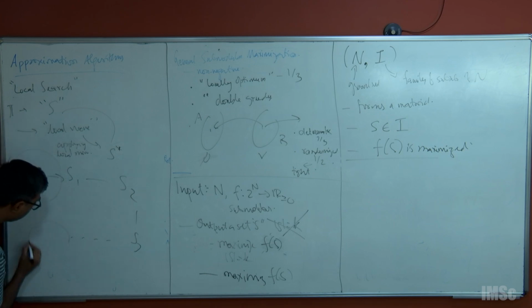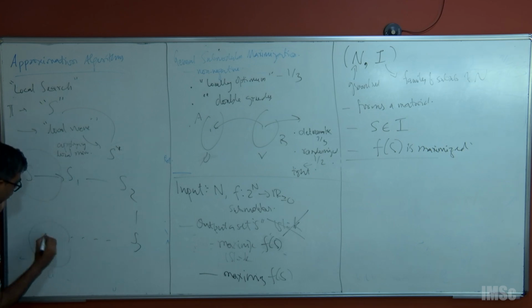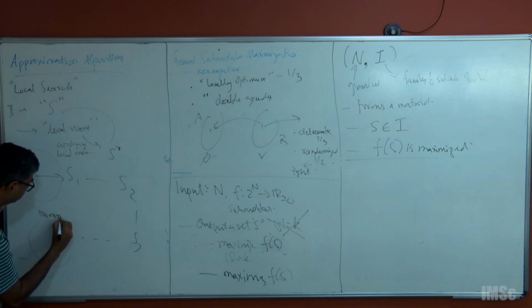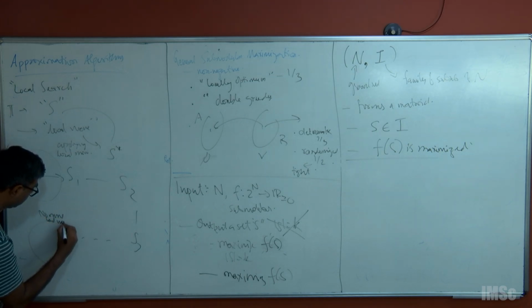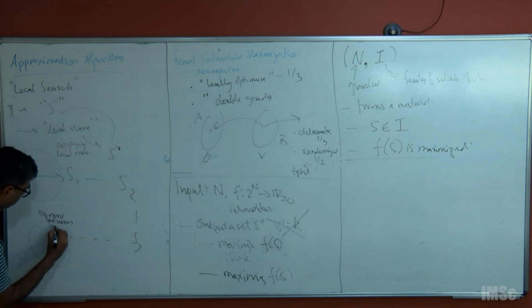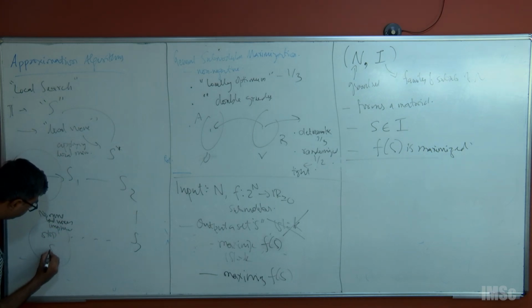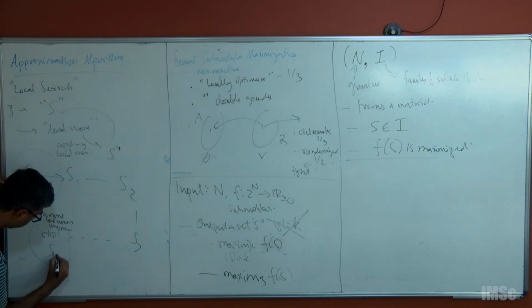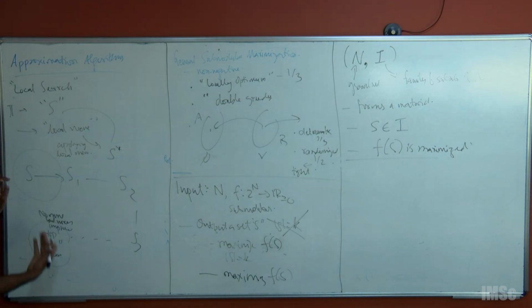So, when I say, hey, no more local moves, meaning no more local moves improve the solution, right, then we will stop and output some S local, which is optimum with respect to the local moves. These local moves cannot improve the quality of my solution any further, so I will output that.